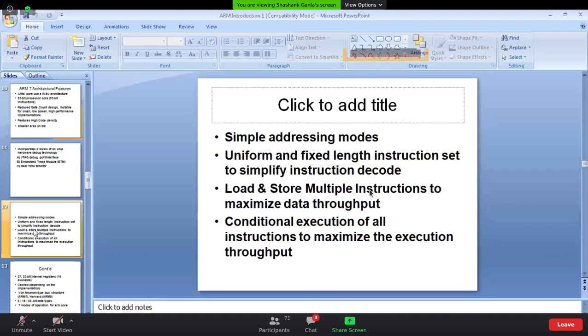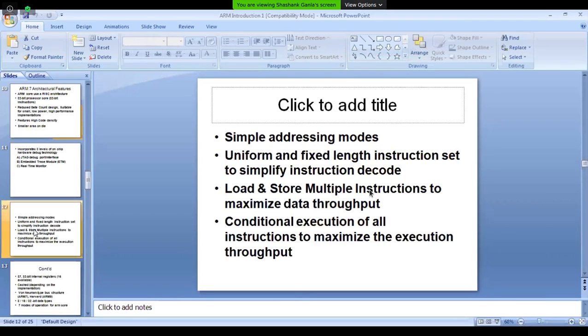But ARM, being not a normal RISC architecture but rather an advanced RISC architecture, supports what we call load store multiple instructions. What this implies is that in one load instruction, multiple 32-bit data units can be brought from multiple memory locations into multiple registers in a single instruction effort.